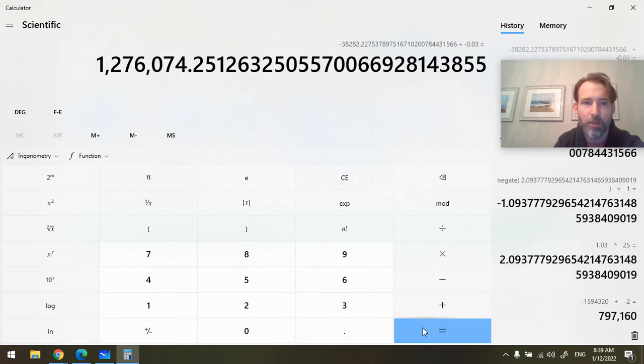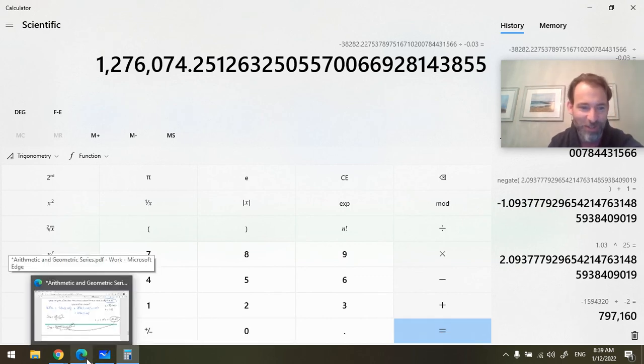Oh, my estimate was really good. I'm actually quite proud of my estimate. I guessed 1.5 million, and he will actually earn 1,276,074.25 over his career, provided he takes no sick days, or maybe his sick days are paid, in which case this will be his exact earnings for 25 years.